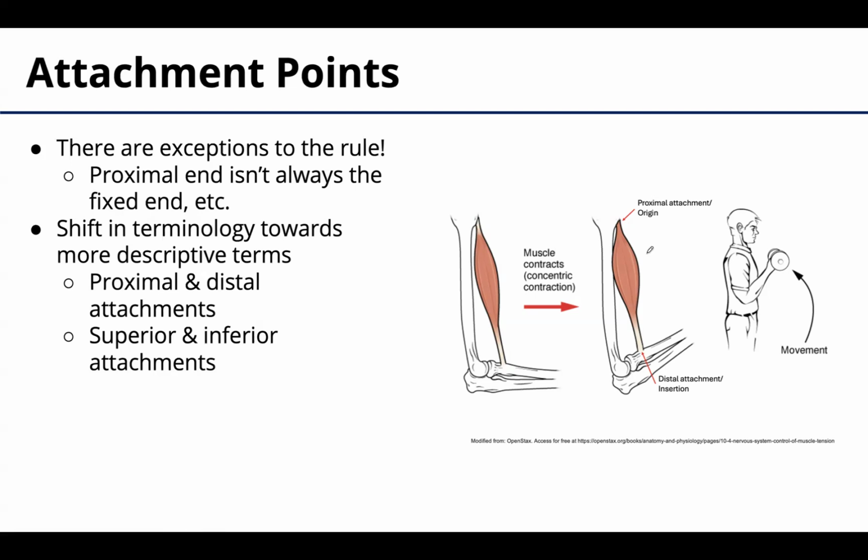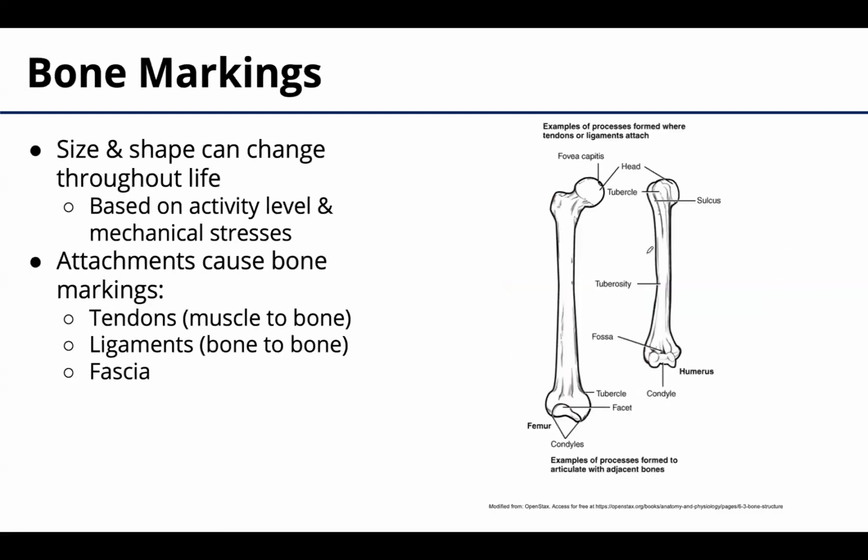Sometimes you'll hear superior and inferior attachments when you're not talking about muscles associated with the appendages. We in anatomy will strive to use these more descriptive terms like proximal and distal or superior and inferior attachments, but you'll absolutely see origin and insertion in textbooks.